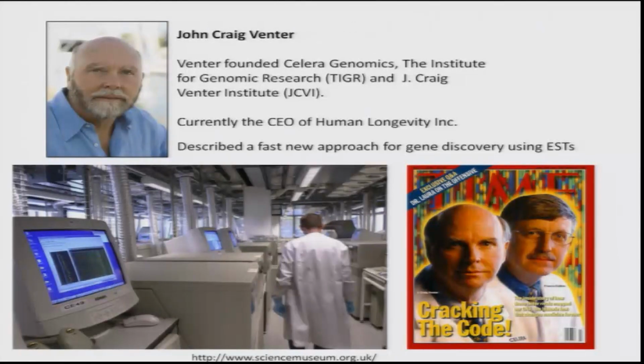And this gentleman, Craig Venter, who founded Celera Genomics, not only did that, but he also established a new institute called the Institute for Genome Research to understand how the genome and variation can contribute to health and disease, and then the Craig Venter Institute and so on.